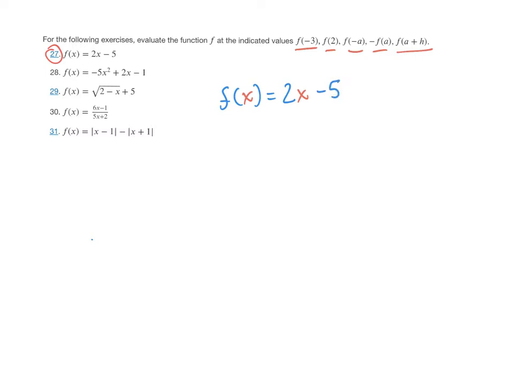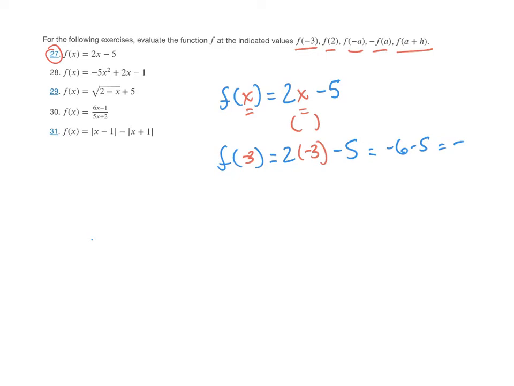Our f of x equals 2x minus 5. So whatever I put in the parentheses here, I'm going to insert in place of x there. And I want to multiply it by 2, so I'm going to use parentheses to insert whatever I need in there. For example, if we're doing f of negative 3, then I am going to do 2 times negative 3 minus 5. 2 times negative 3 is negative 6.